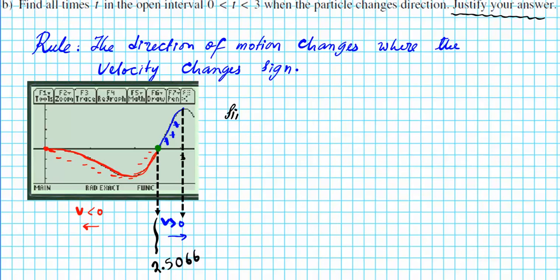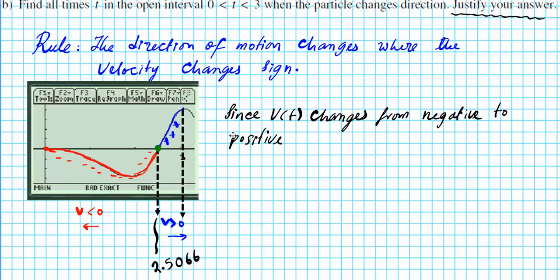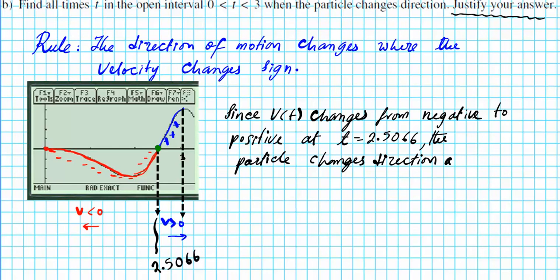So you can just write, since the velocity v of t changes from negative to positive at t equals 2.5066, the particle changes direction at this time also.